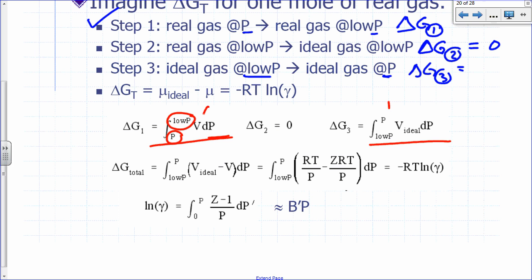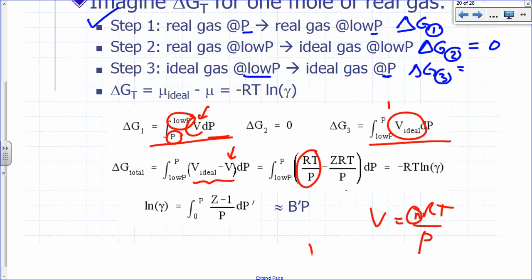So this becomes a negative V. That V right there, the real volume, will have to have a negative sign in front of it. And so this is going to be the integral of V ideal minus V real, dP, from some low pressure to pressure P. But what's V ideal? V ideal is nRT over P, where n is 1 since we're dealing with 1 mole, so it's RT over P.